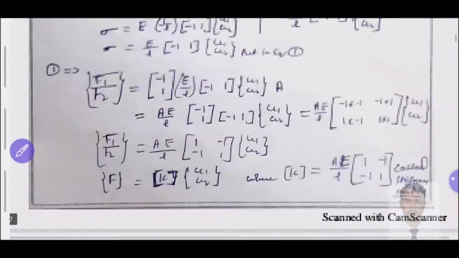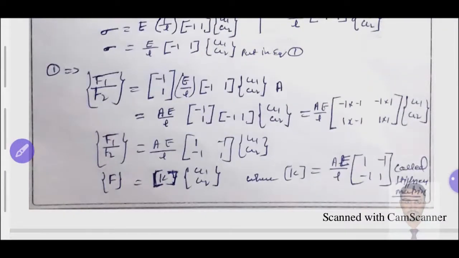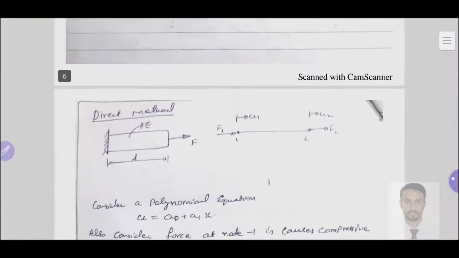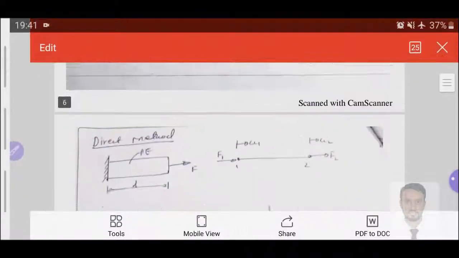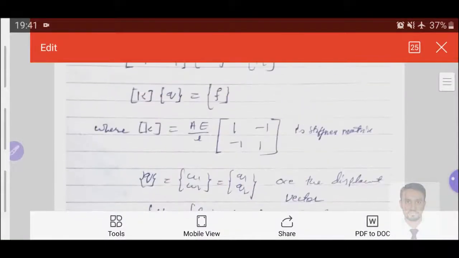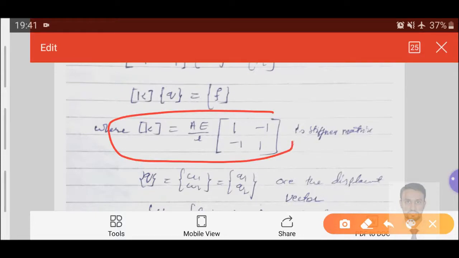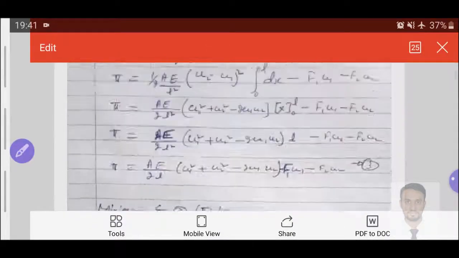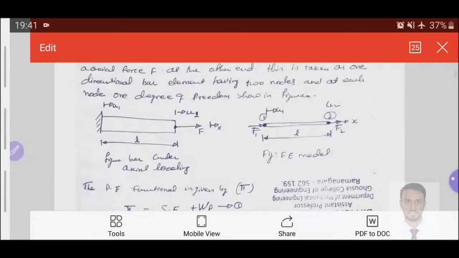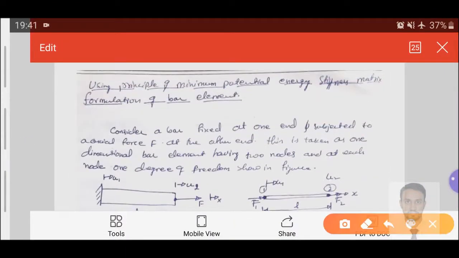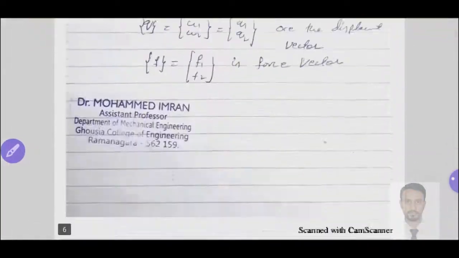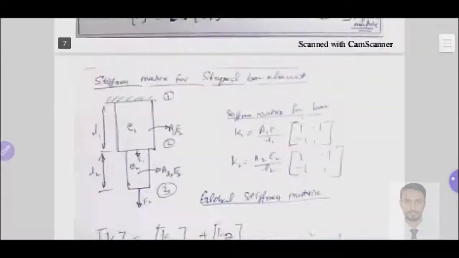From your examination point of view, by using both methods, I have formulated the elemental stiffness matrix for a bar element. We can check the sign convention of this elemental stiffness matrix, which we derived by using the energy method as well as the direct method.